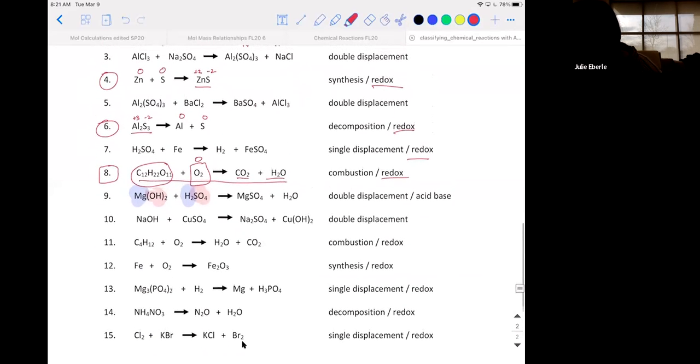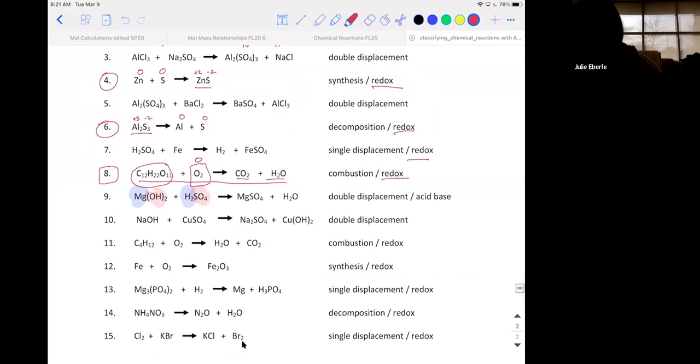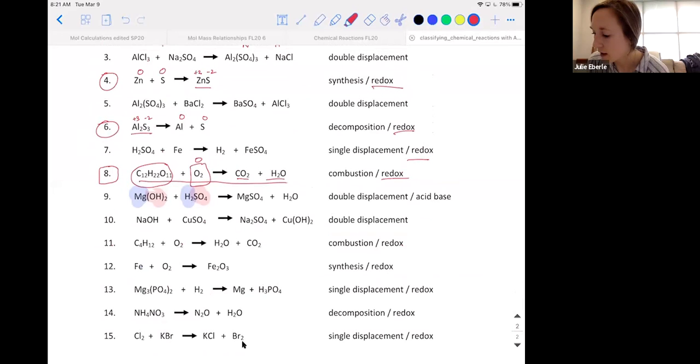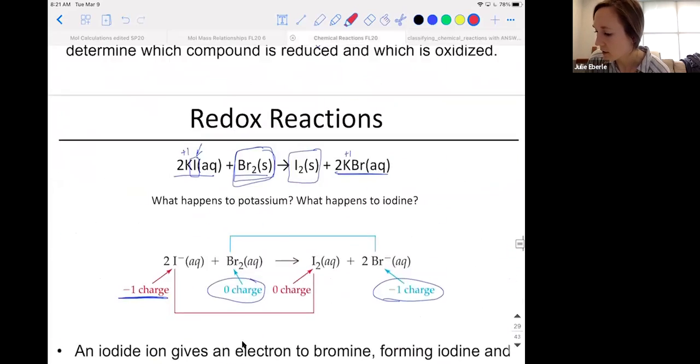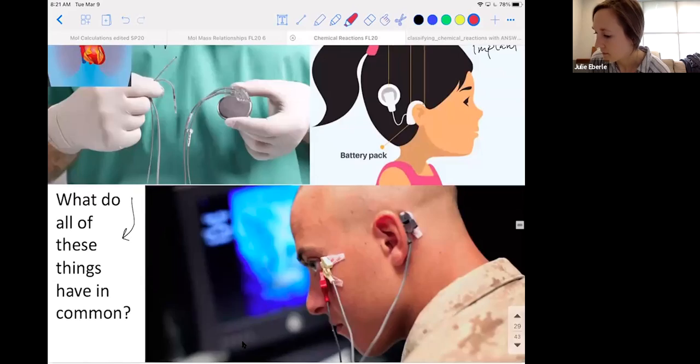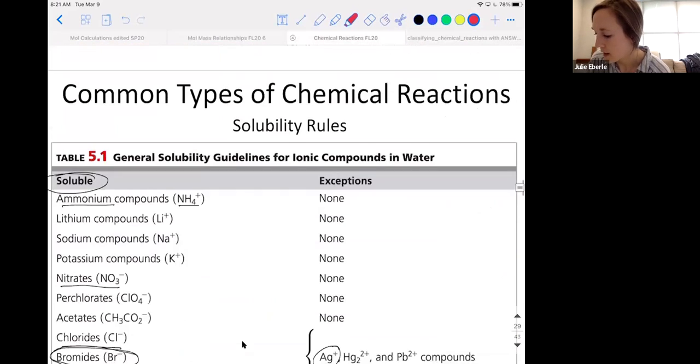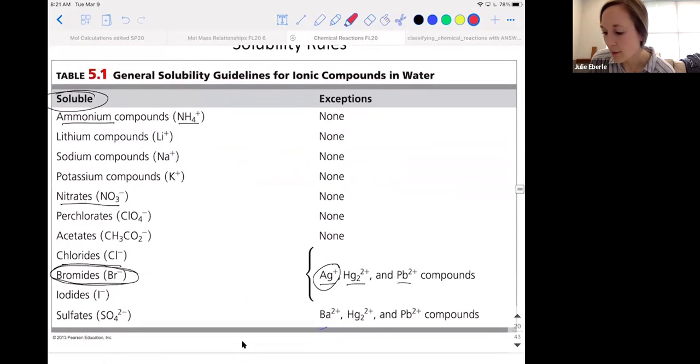There may have been one I'm thinking of, like number 10 right here, copper and hydroxide. When I look at the solubility chart right here, neither copper nor hydroxide is on the solubility chart.